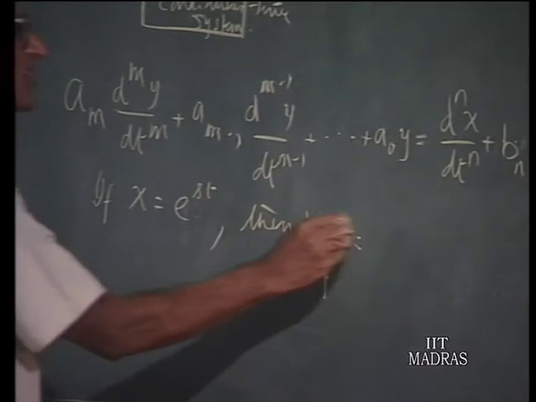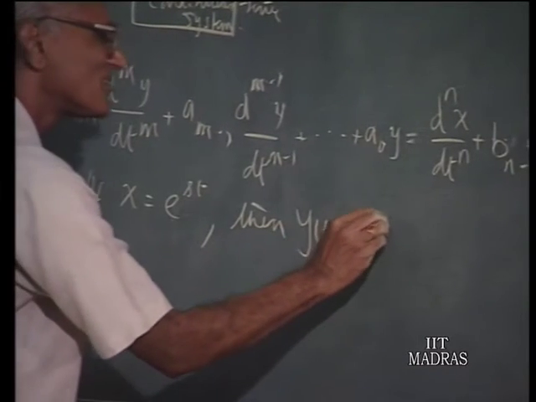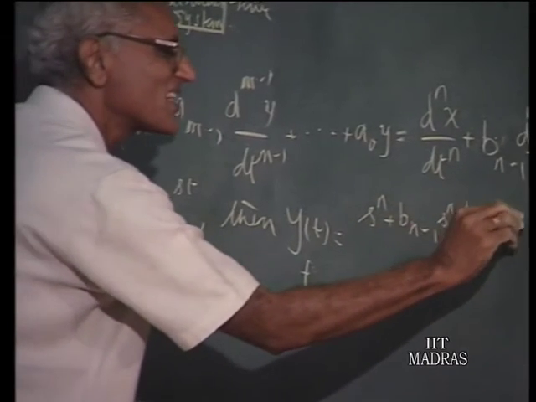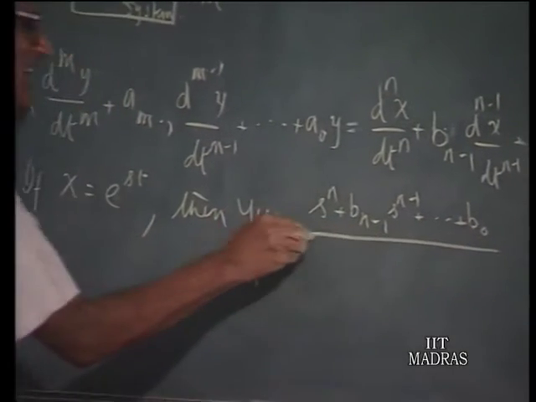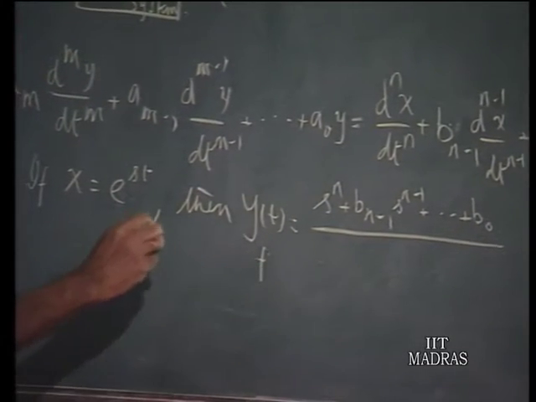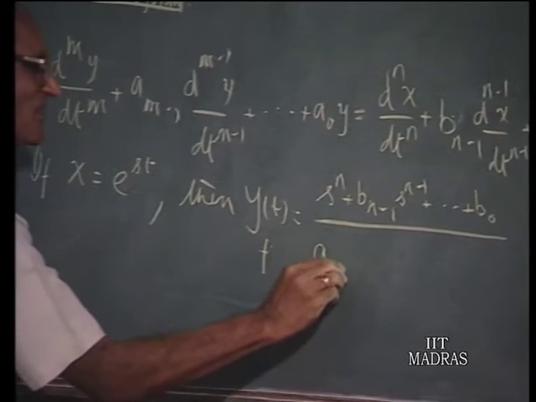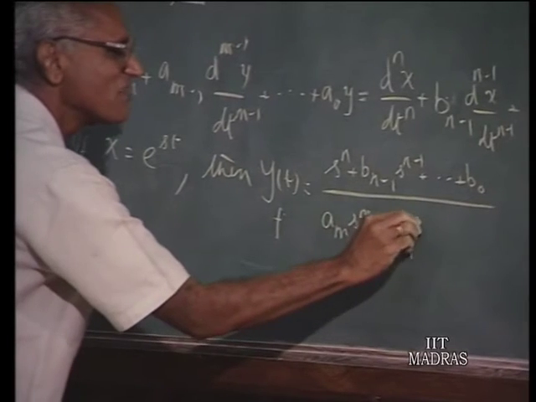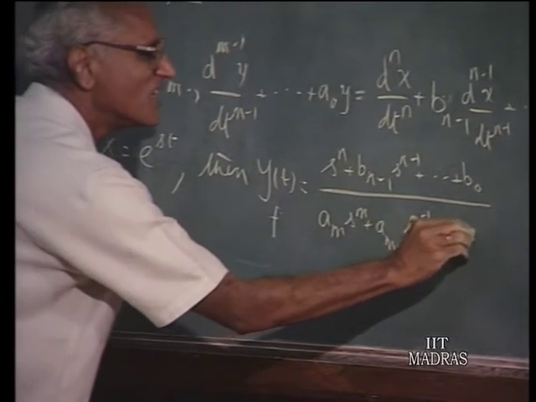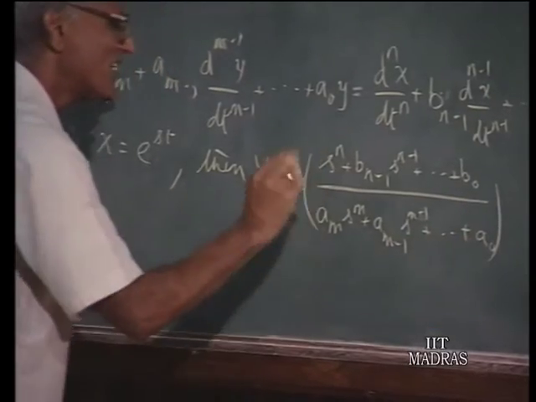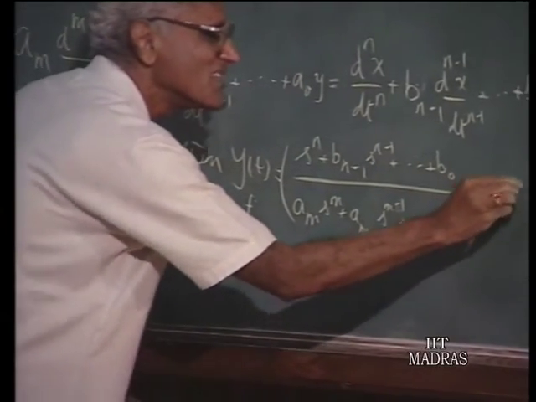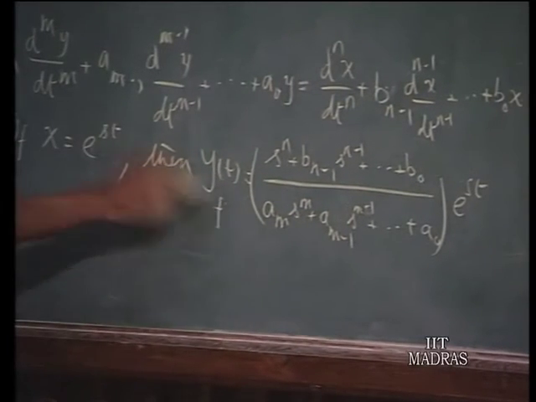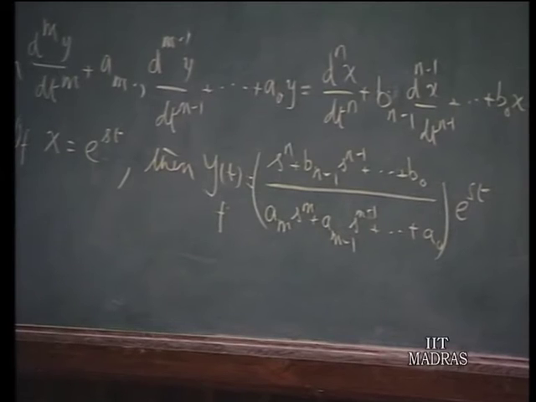That will be equal to (s^n plus b_(n-1) s^(n-1) etcetera plus b_0) divided by (a_m s^m plus a_(m-1) s^(m-1) plus a_0), multiplied by e to the power of st, where this is the input and this is the corresponding output. This is the forced response or the particular integral solution of this differential equation.